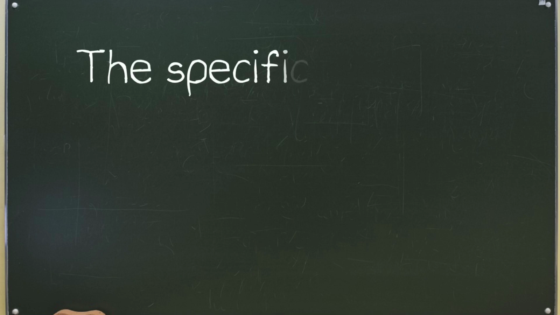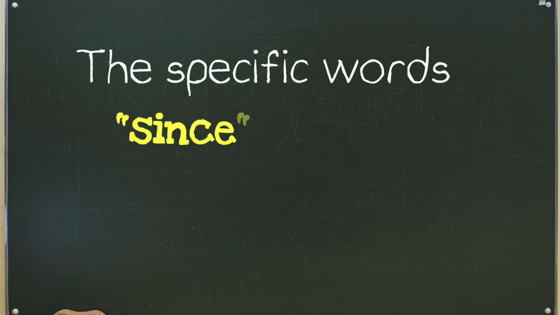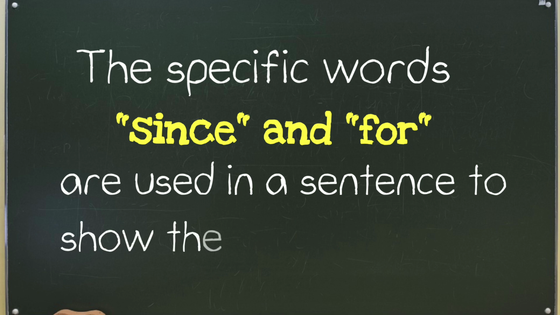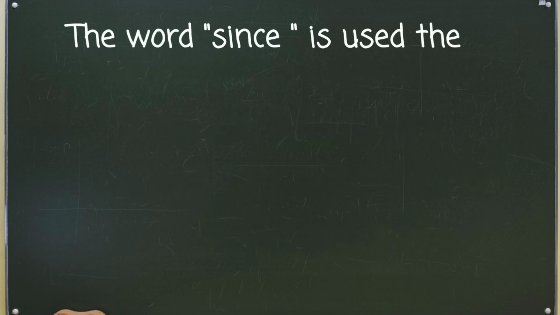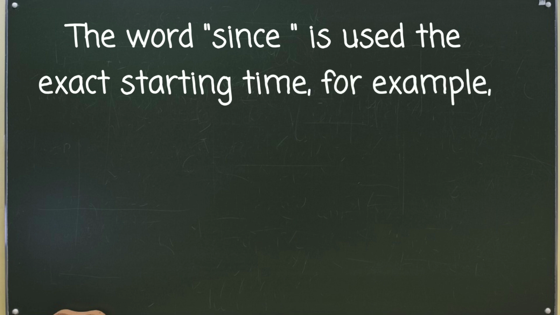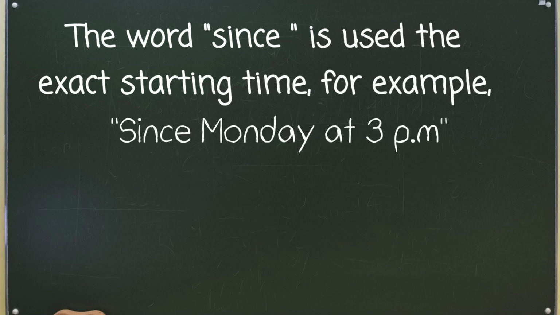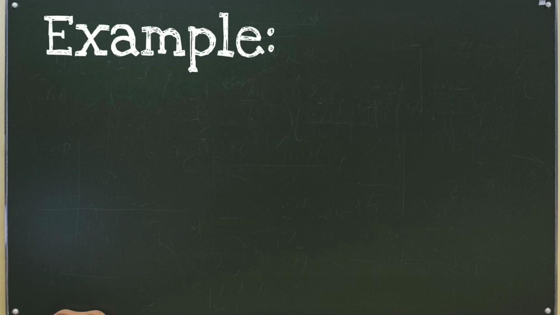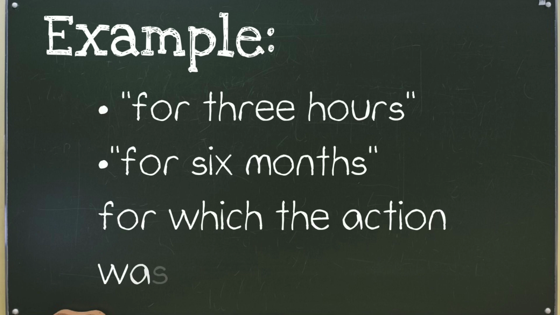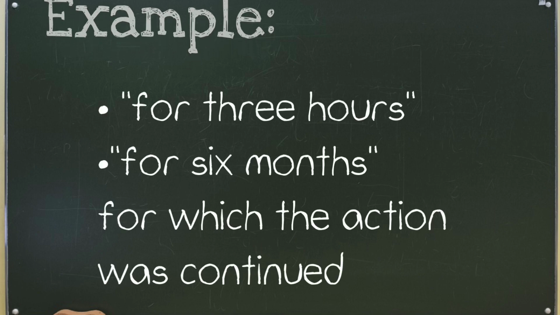The specific words since and for are used in the sentence to show the time of the action. The word since is used for the exact starting time, for example, since Monday at 3 p.m., while the word for is used to express the amount of time, for example, for 3 hours, for 6 months, for which the action continued.